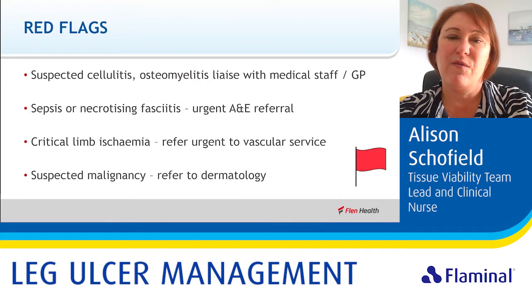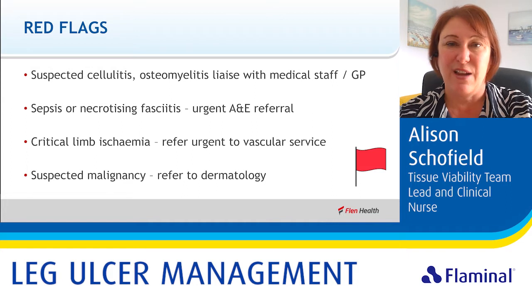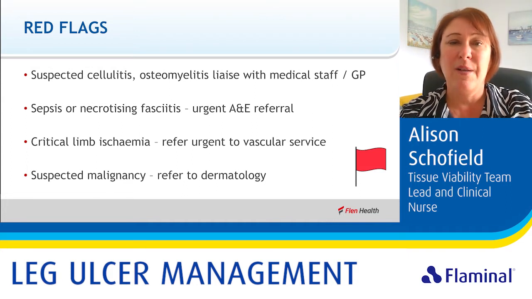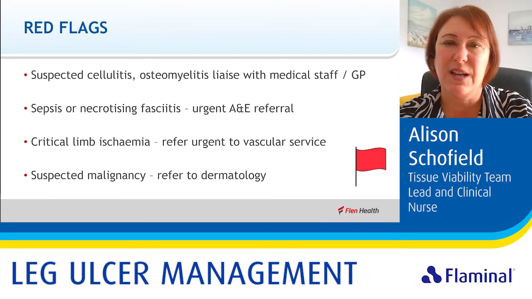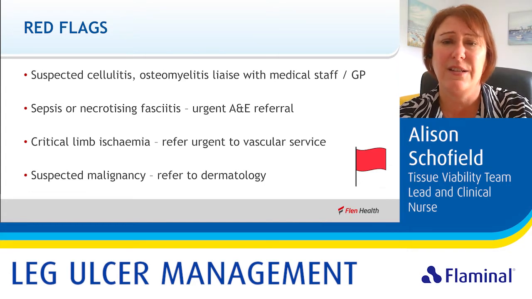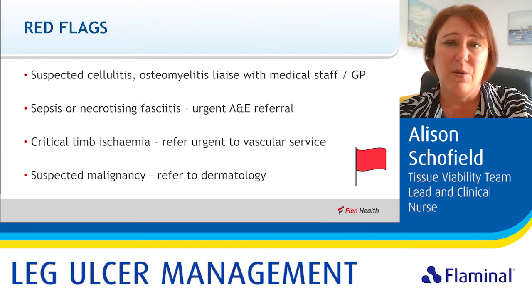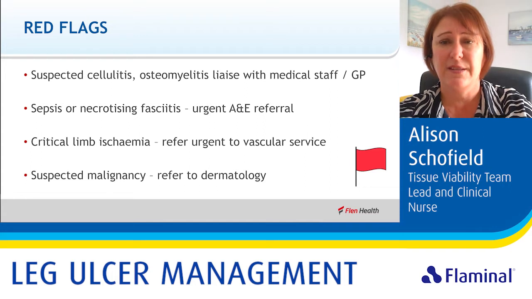So make sure we inform our patients about the red flags, and for staff we need to be aware of that cellulitis that we saw in the image before, and any osteomyelitis that we know is present. Sometimes if somebody's had osteomyelitis, we can get sinuses and it continues to leak, but they would need imaging to diagnose this.